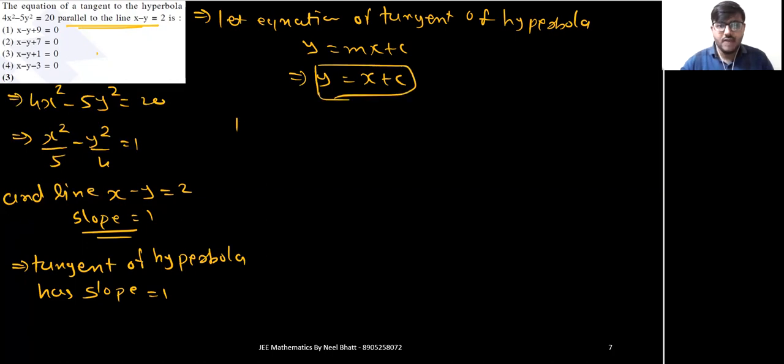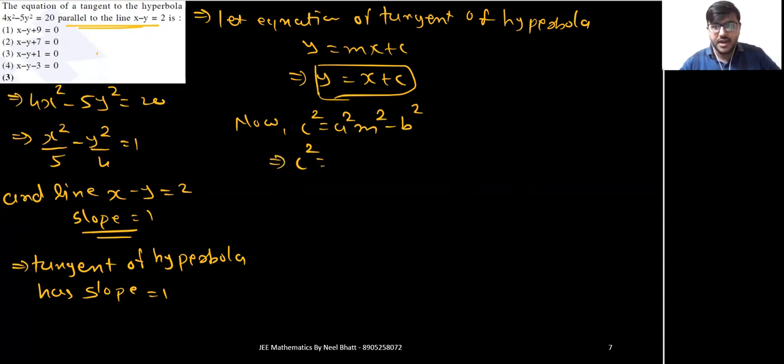Okay. Now if any line y equals mx plus c is a tangent of the hyperbola, then c square equals a square m square minus b square. So c square we want to find out, a square as 5 into 1 minus 4. So c square equals 1 and c equals plus or minus 1.